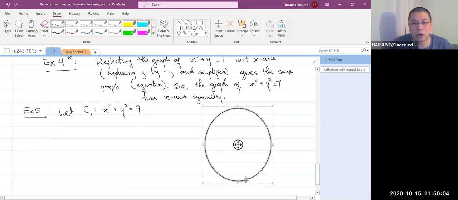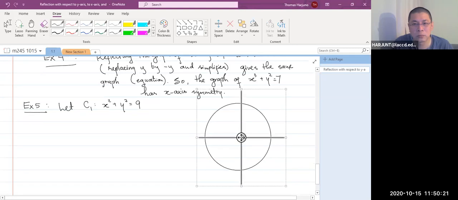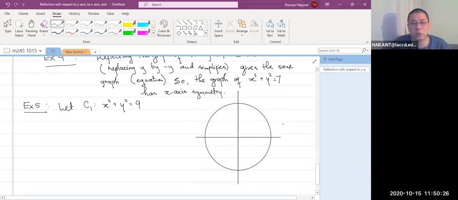That's the equation of a circle, centered at the origin, with radius 3.